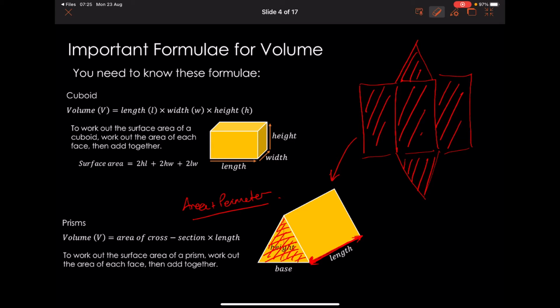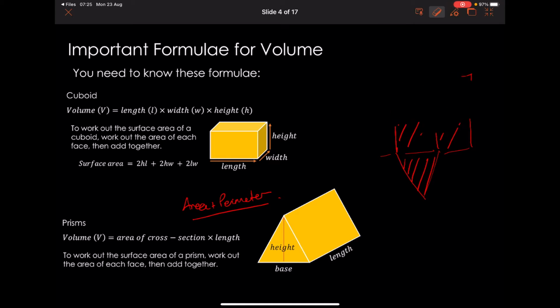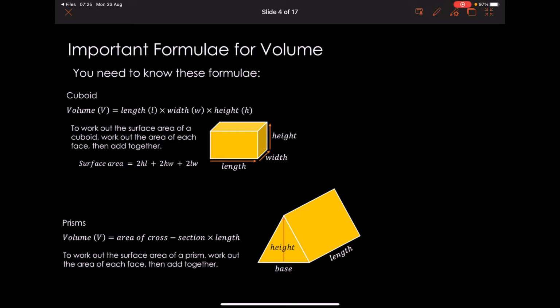However, the formula for the volume is simple: area of the cross section multiplied by length. You must remember these formulas here. The surface area can be remembered because you're just trying to find the area of each face, but the formula for the volumes you need to remember.